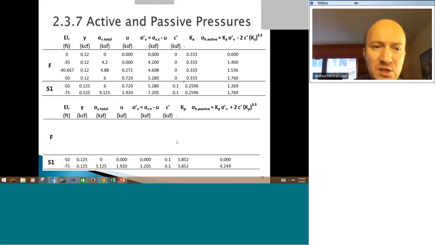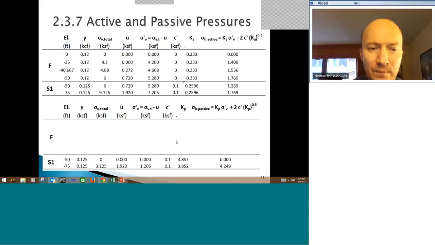So we're establishing two tables: elevations, unit weights of soil, the total vertical stress, our water pressures, our effective vertical stress, our effective cohesion, our active lateral earth pressure coefficients, and then we calculate with this equation the active pressure, making sure that this value doesn't drop below 0. So we have the active earth pressure as Ka times sigma prime V minus 2 times the effective cohesion, times square root of Ka.